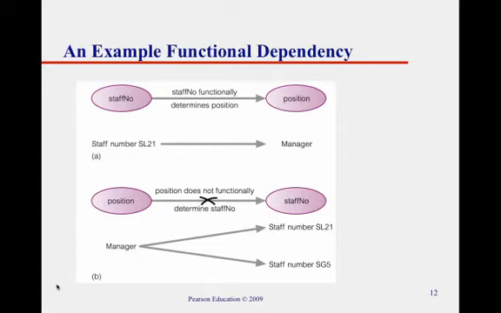As an example, staff number uniquely determines someone's position, but if you look at your little relations there, you'll see that a position does not uniquely determine a staff number because, for example, both SL21 and SG5 are both managers. So you couldn't say that position is a determinant of staff number.